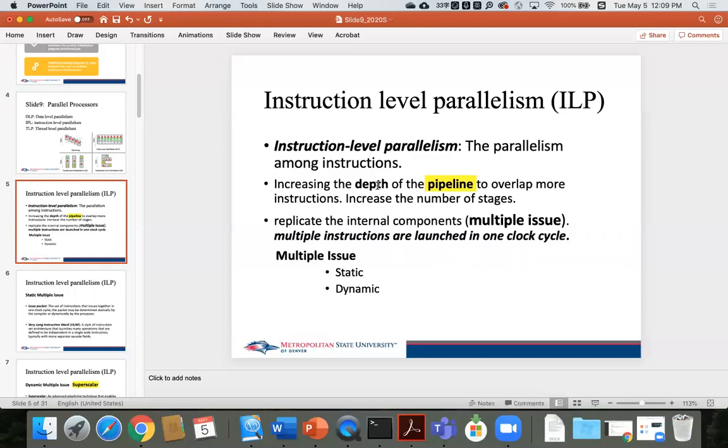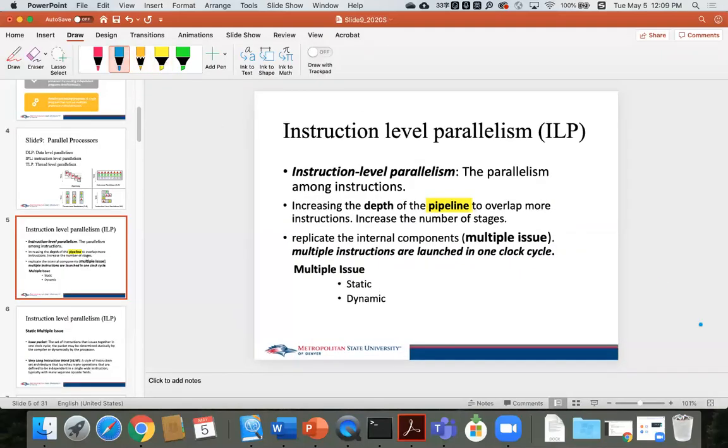Multiple issue means you try to start multiple instructions at the same time. This is a little different from the pipeline processor, where you have a few stages for one instruction, and you stack them together.